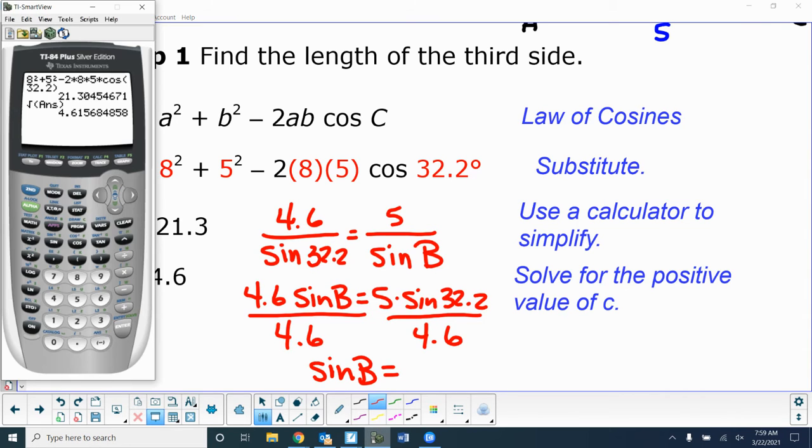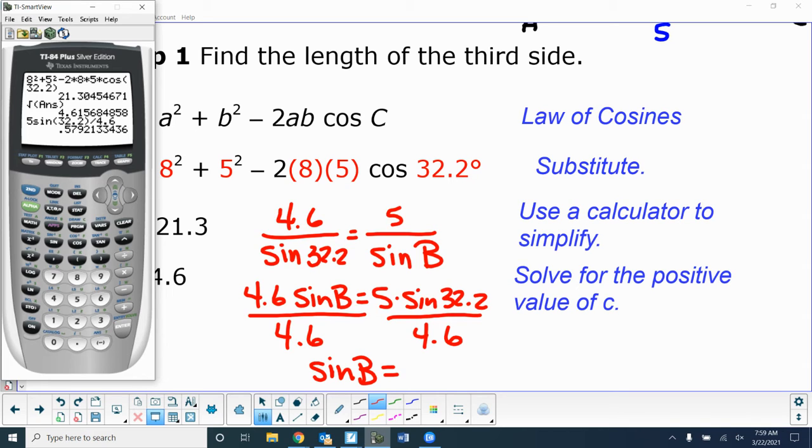So 5 sine 32.2, close it up, divided by the 4.6. And it gives us that.